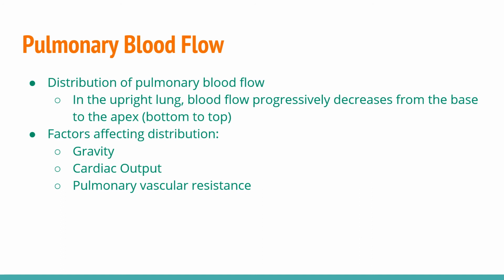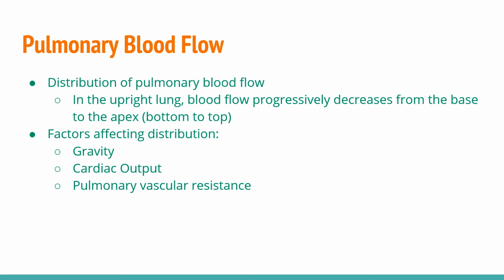If you're sitting upright in the chair, blood flow progressively decreases in the upright lung. So from sitting upright, you're going to have more blood flow at the bottom of your lung and less at the top. I think this is worded kind of weird.